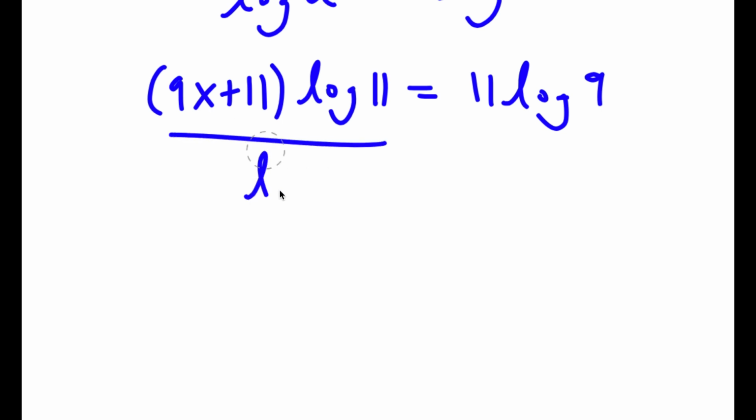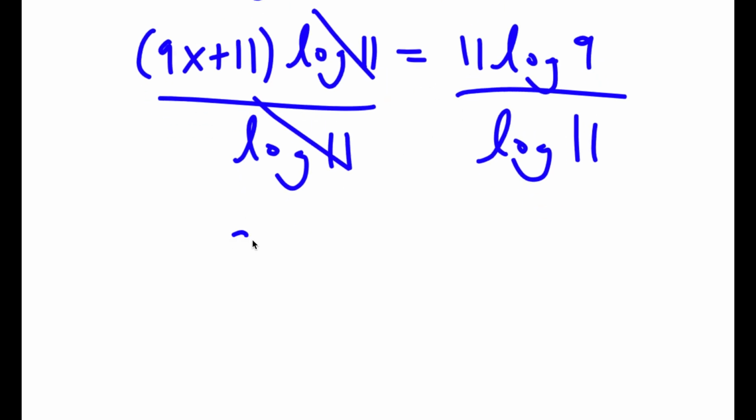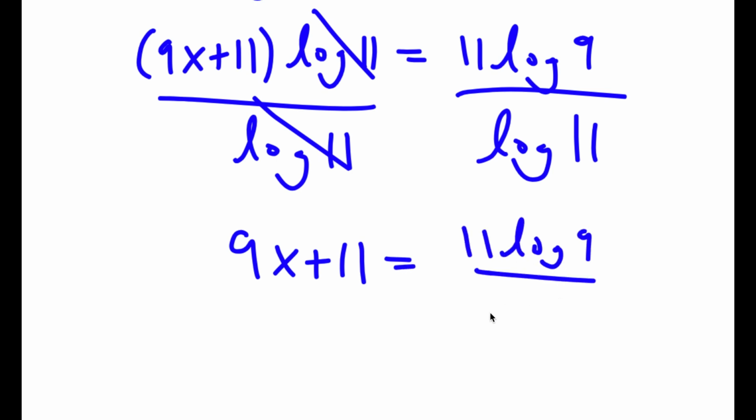Now I'm going to divide both sides by log 11. So then these two cancel out, and now I have 9x plus 11 is equal to 11 times log 9 over log 11.